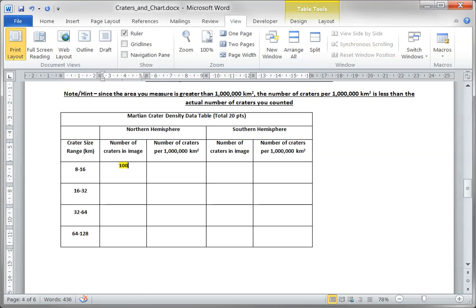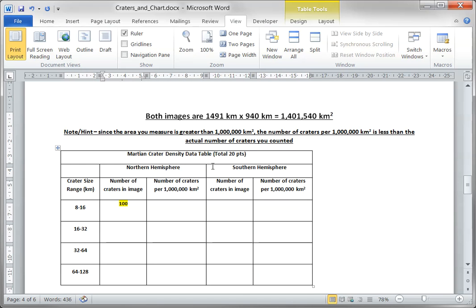The plot to actually get the ages is calibrated to an area of 1 million square kilometers. The image that you've measured is greater than 1 million square kilometers. The image that we gave you is 1.4 million square kilometers. So you need to normalize this value to number of craters per 1 million square kilometers.